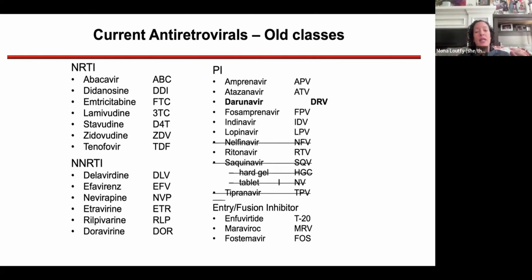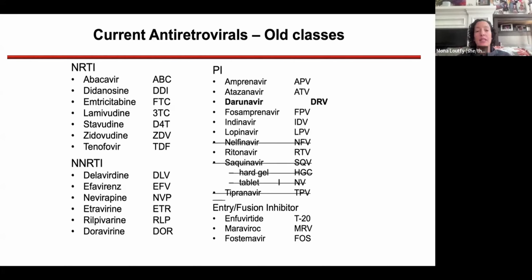And then with the HIV virus, the mutations that confer benefit are the ones where the virus has mutations that prevent the drugs from working. So that's how drug resistance happens. And every class has a different sort of pattern of drug resistance.